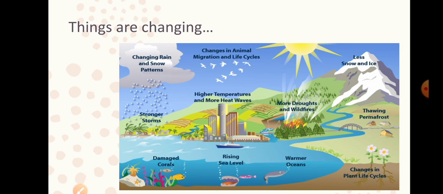Now, of course, there are changes in the rain and snow patterns. Summers are hotter, winters tend to become shorter. And of course, sometimes summers come earlier than they used to come. So it also confuses and changes the migration and life cycle of many animals.